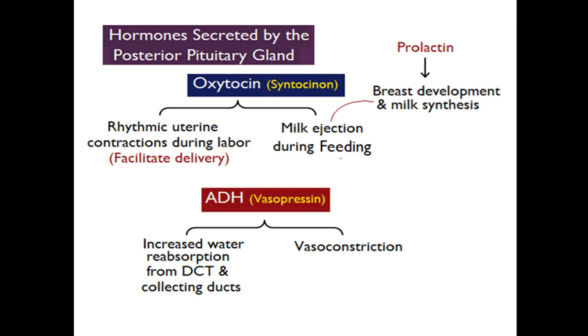In this way it increases the water content of the blood, making the blood isosmolar, while at the same time making the urine hyperosmolar by increasing the solute content and decreasing the water content that is reabsorbed. The second effect of the antidiuretic hormone is causing constriction of the arterioles, and by vasoconstriction it increases the blood pressure.